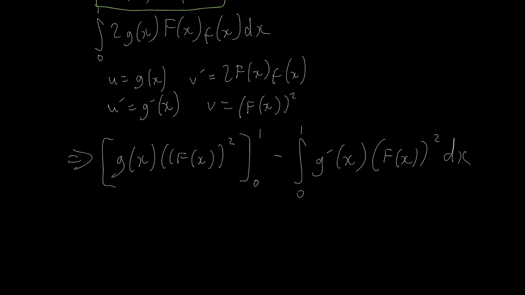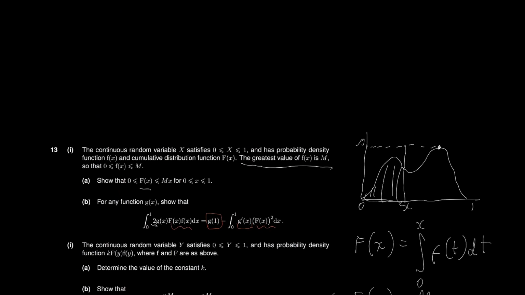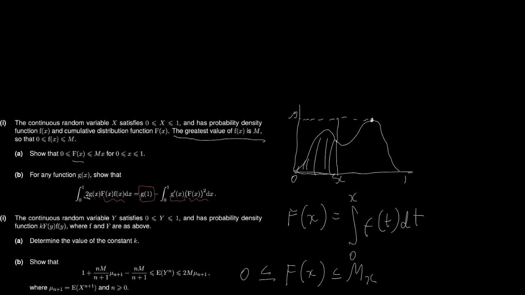So what you need to really think about is what f of 1 is and what f of 0 is. If we go back to our little diagram from earlier, we know that f of 1 is the area underneath the entire probability density function.